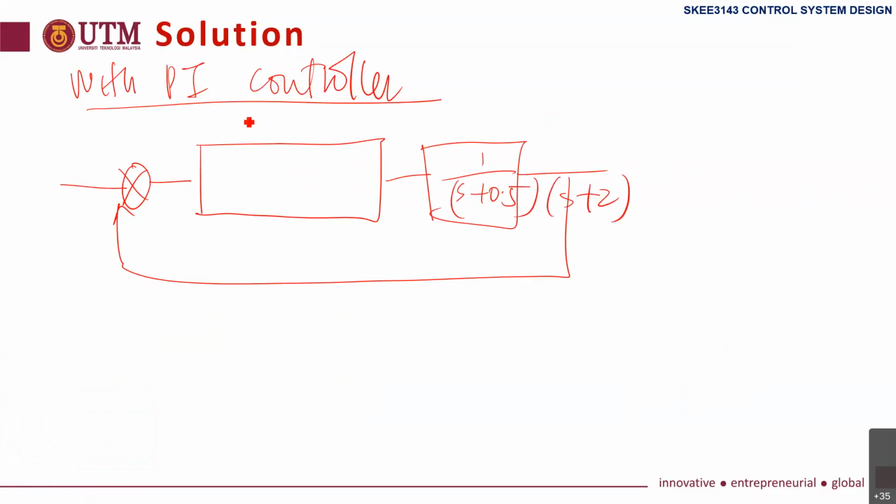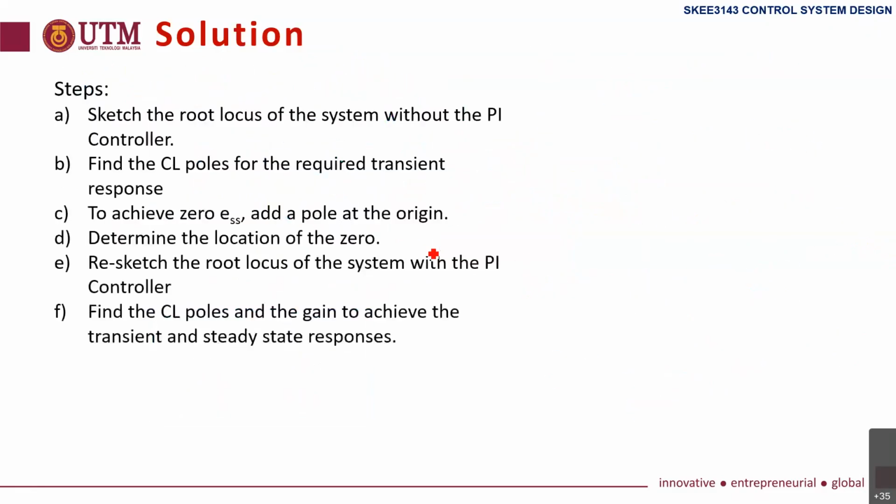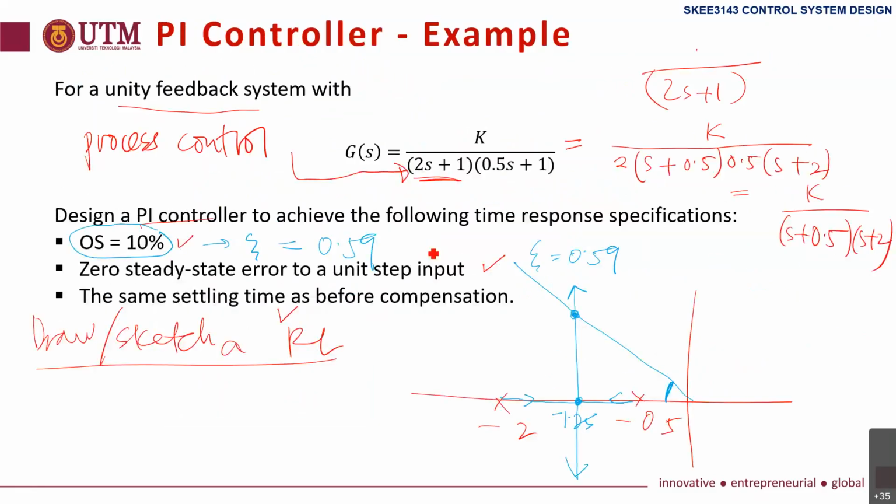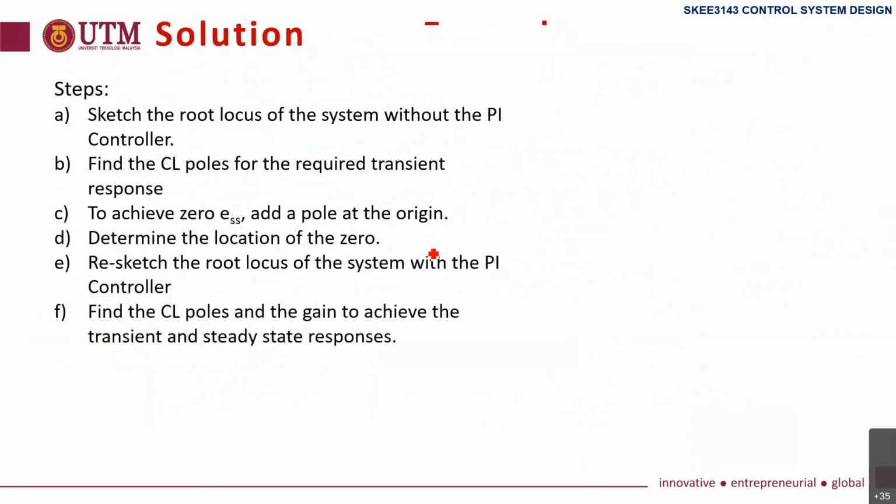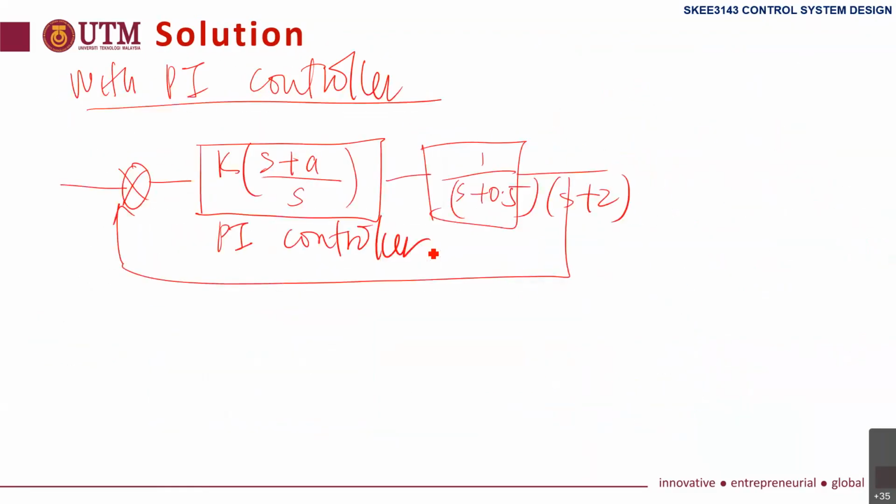We will need to add here (s plus a)/s, and later we have K here. This is known as PI controller. As I mentioned, the problem here is what value of a to be used. Sometimes in the exam it is given, but in this example it is not given. We have to choose the value of a.